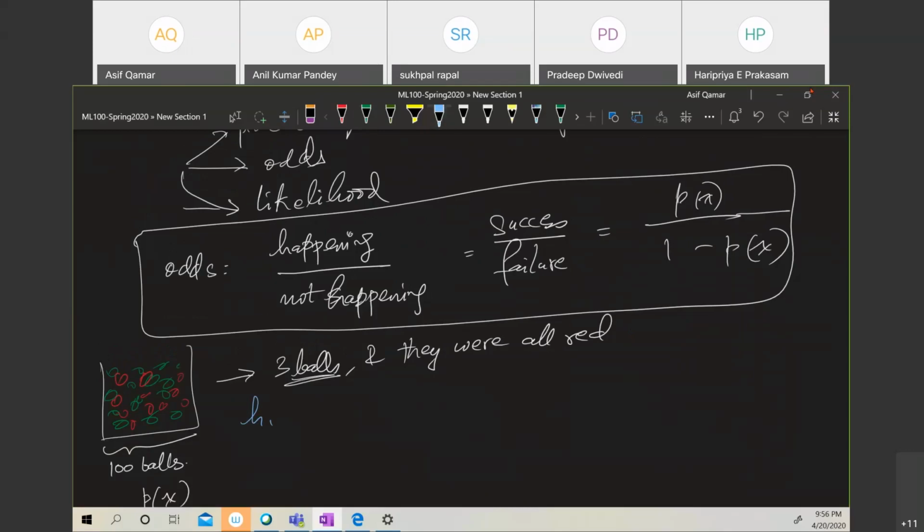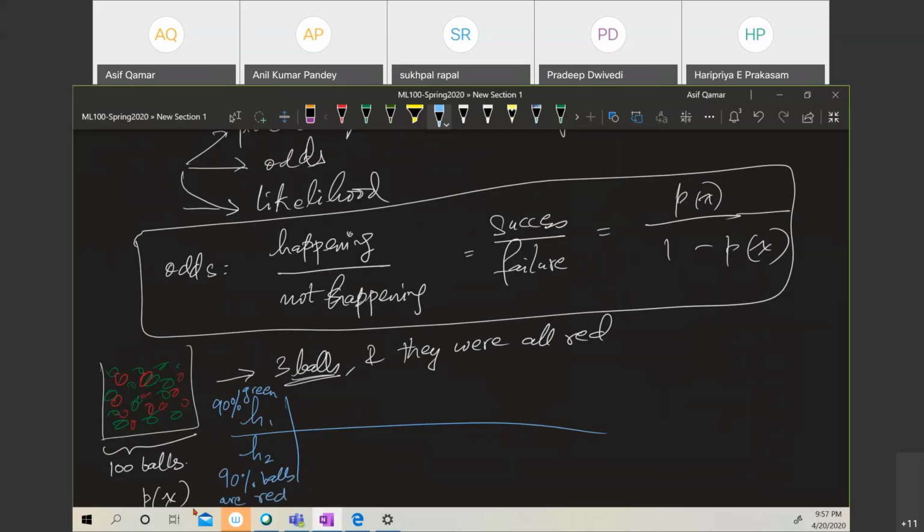Let me take two hypotheses just to illustrate the point. Hypothesis one says that 90% of the balls are green, and the other hypothesis says 90% of the balls are red.